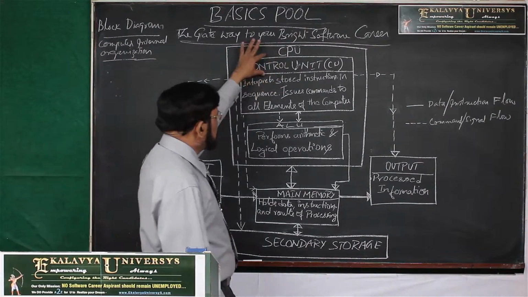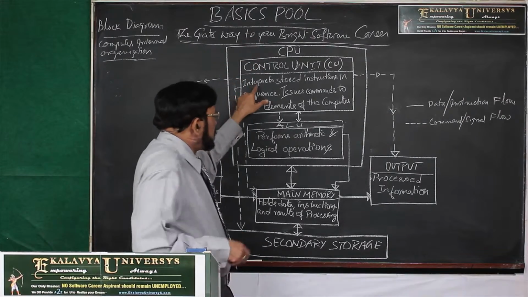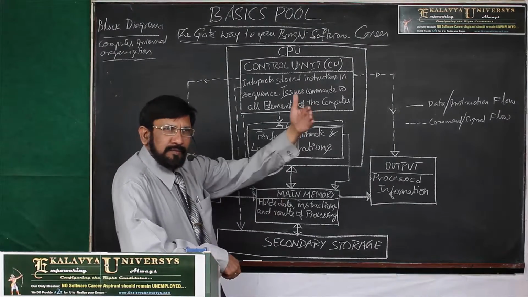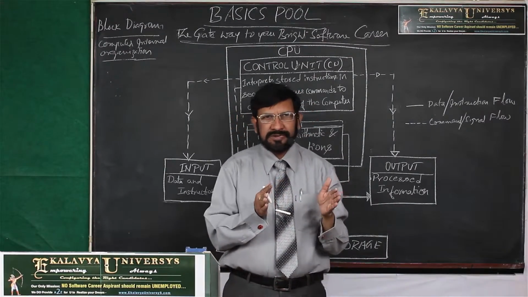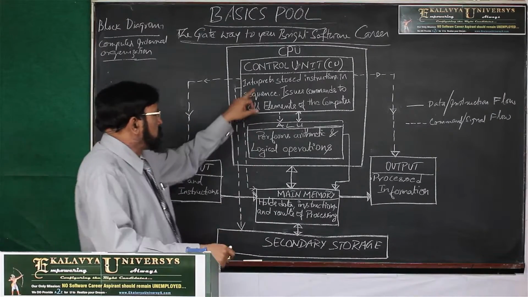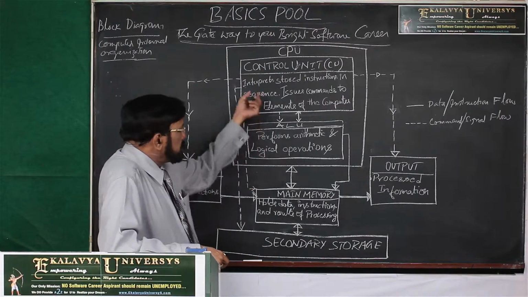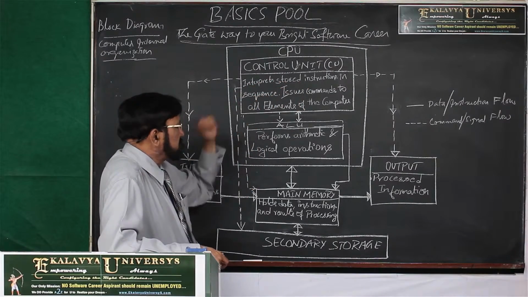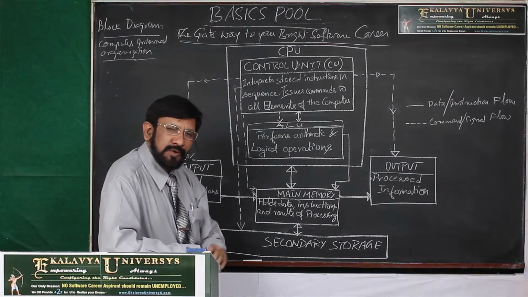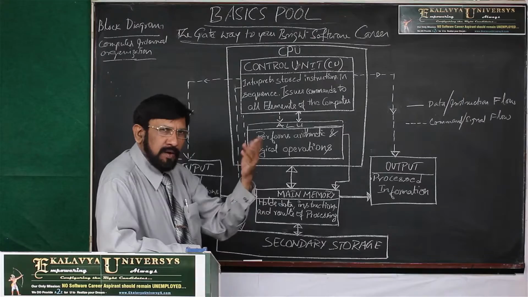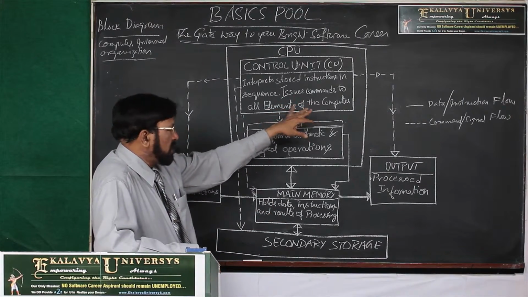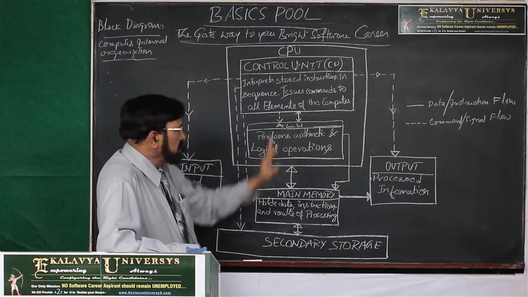First let us understand what the control unit is. It interprets stored instructions in sequence. Actually, we provide a set of instructions and a set of data in the form of a program to the computer. So the control unit interprets stored instructions in a sequence and issues commands to all the elements of a computer. It decodes all the instructions, and thereafter it gives commands to all the other components in the computer.